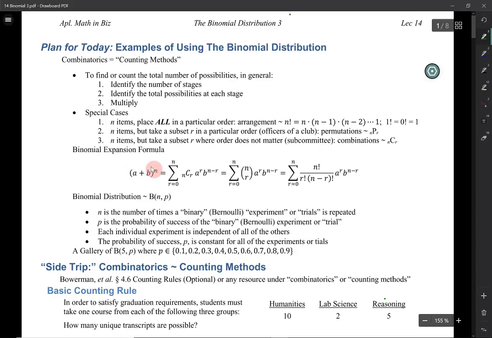Then we want to dig in a little bit more into this binomial expansion formula. Oftentimes in finance they use this summation symbol, which is just a compact notation meaning that this pattern is repeated from r equals, sometimes it's k or i or j, some indexing or counter variable.